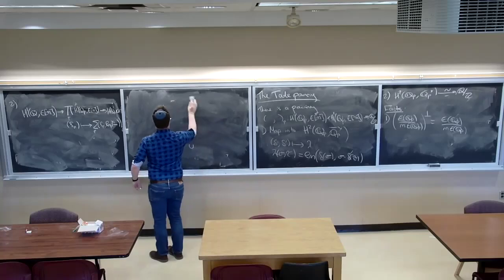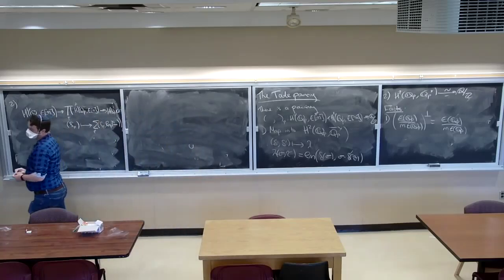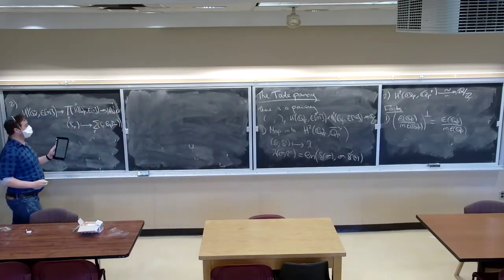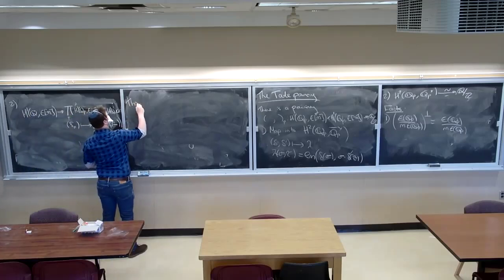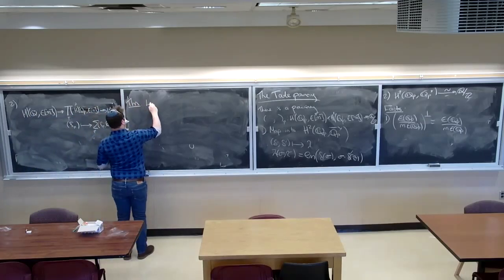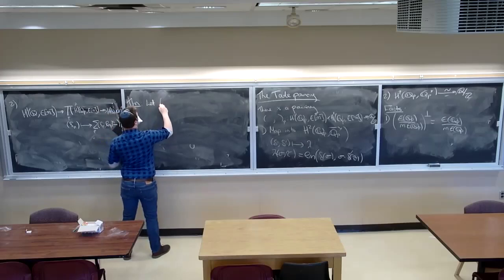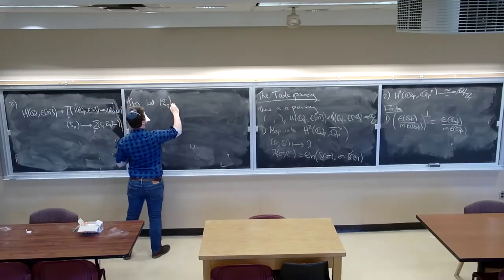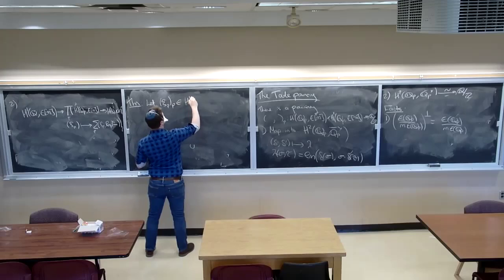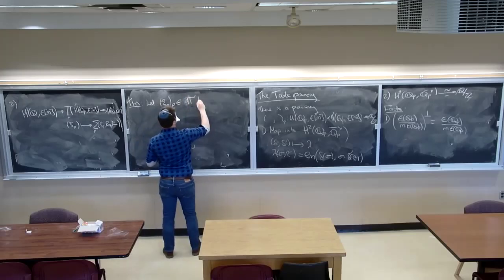I'm going to leave some spaces. Suppose I have some collection of local classes living in this restricted direct product, so all but finitely many of them are unramified.